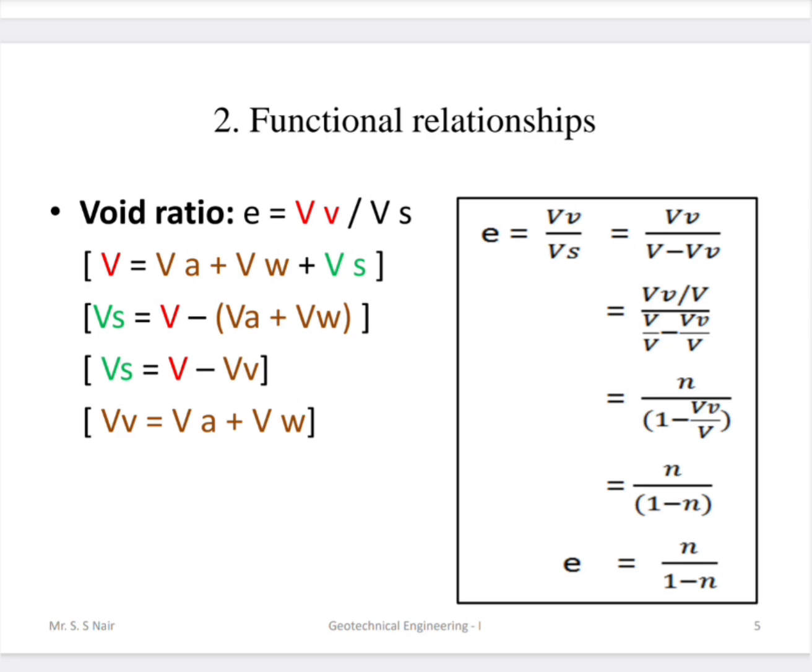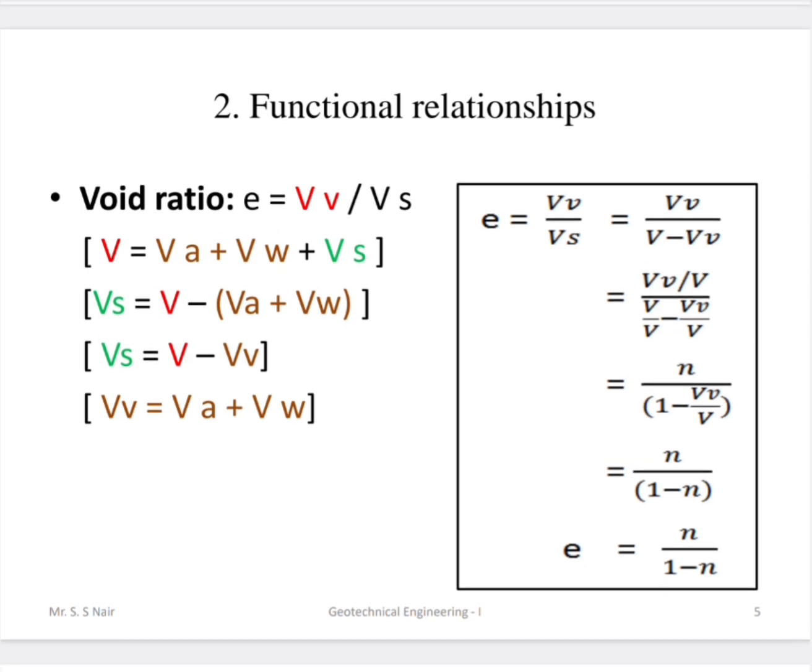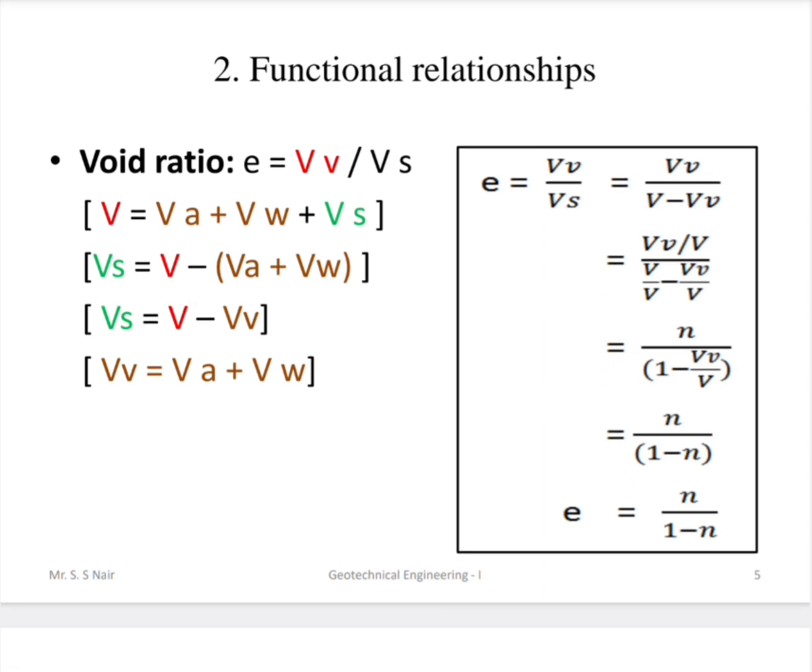We all know the void ratio is volume of void to the volume of solid. Volume of void divided by total volume minus volume of void will give you the volume of solid. Now here, dividing both sides by total volume, volume of void to the total volume gives you the porosity.